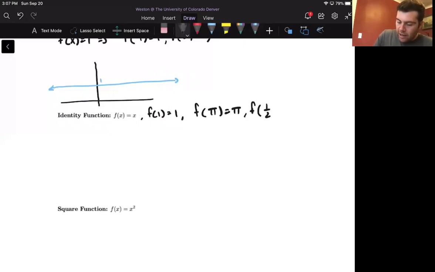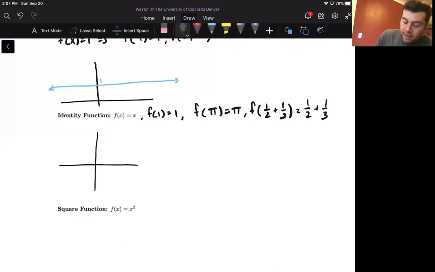F of 1/2 plus 1/3 is 1/2 plus 1/3. And if you think about it, we can already see that this is basically the slope-intercept form. We plug in 1, we get 1 out. 2, we get 2 out. 3, we get 3 out. 4, we get 4 out. So it just follows this line.